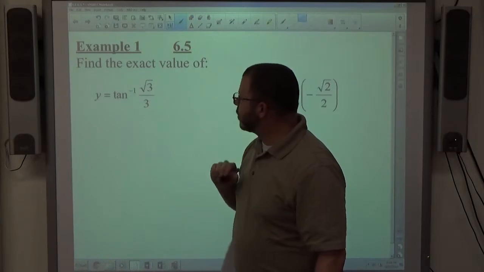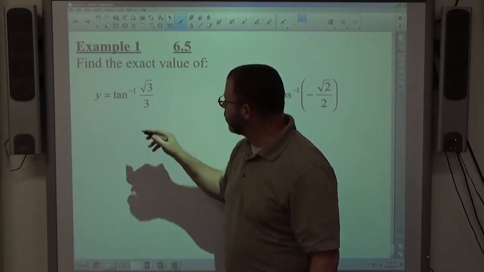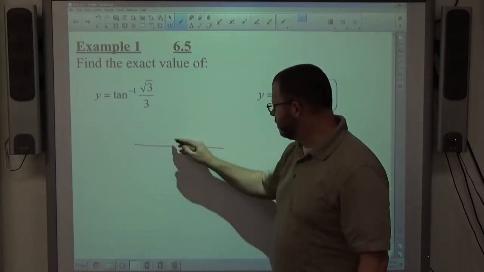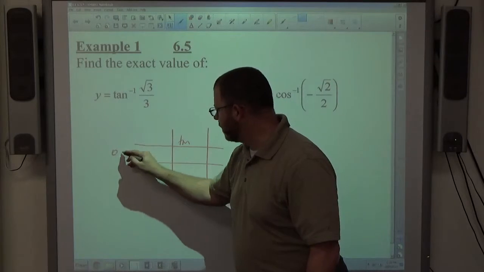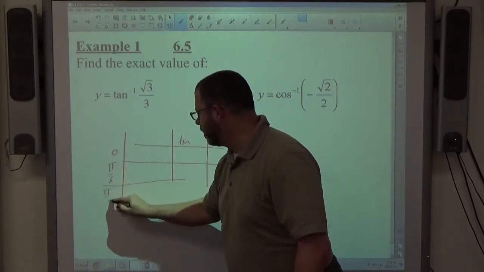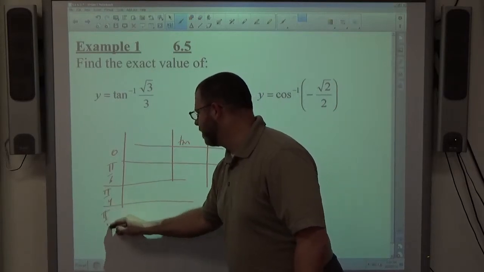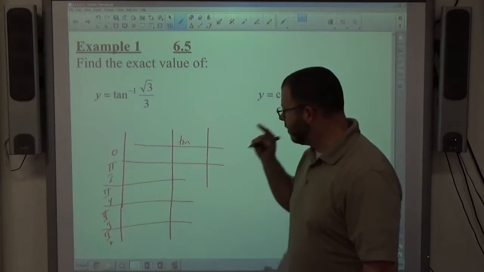Inverse tangent of positive square root of 3 over 3, that's going to be in the first quadrant. We look for where tangent equals the square root of 3 over 3, and again, if you look on your sheet, under the tangent column, you've got 0, followed by pi over 6, followed by pi over 4, followed by pi over 3, followed by pi over 2.